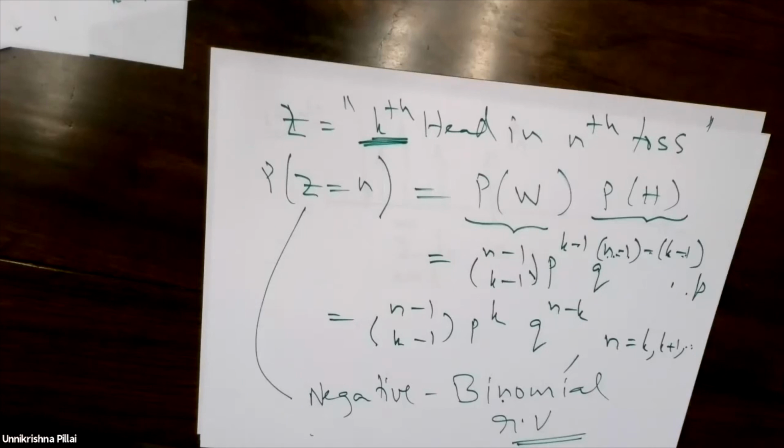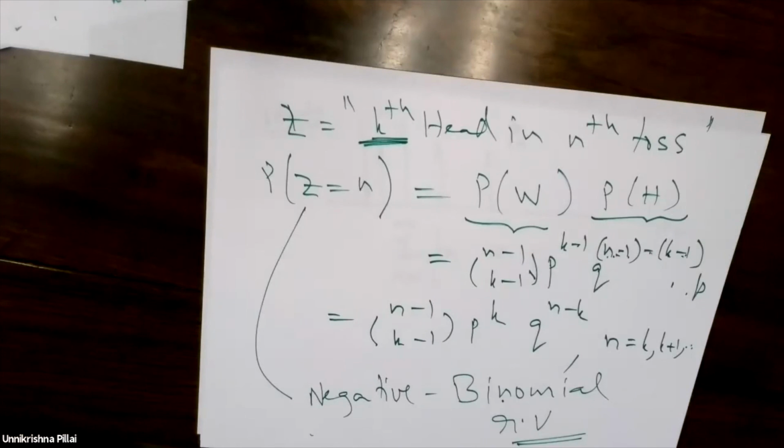In the first case, binomial, the number of tosses is fixed to be n. The question is how many heads you can get, what is the probability of getting k heads. In the negative binomial, you fix the number of heads to be k. Then you ask how many trials you need. So obviously the last one is going to be a head, because as soon as you get the kth head, you are going to stop.